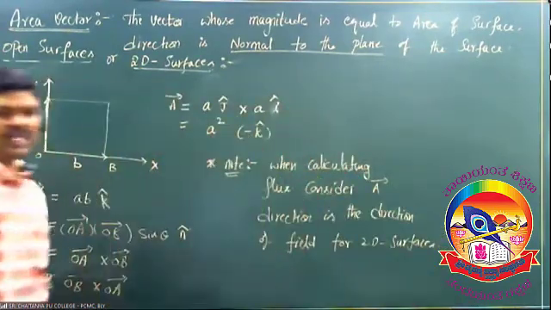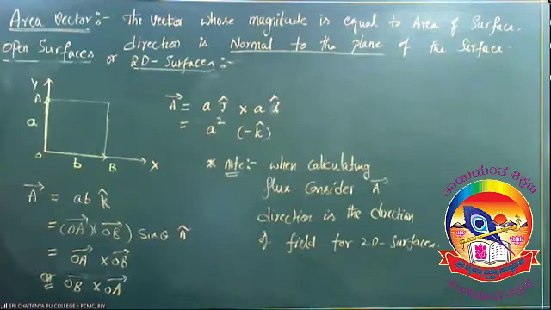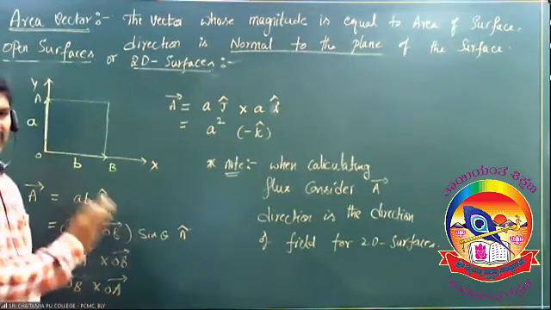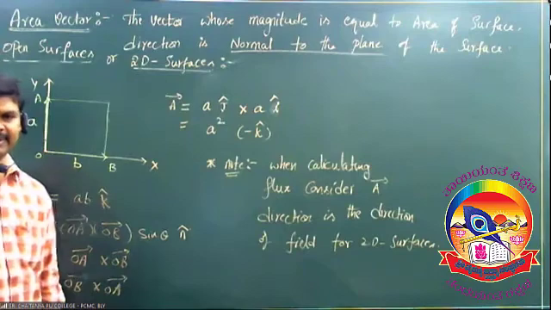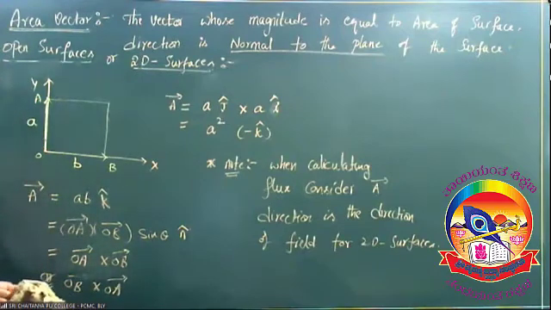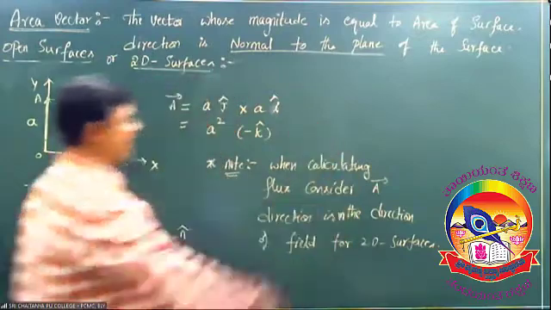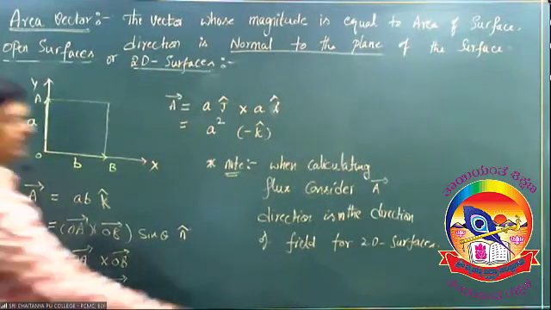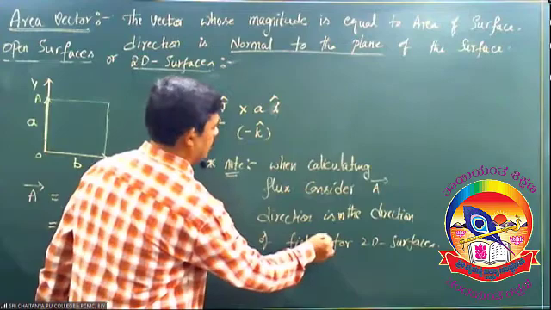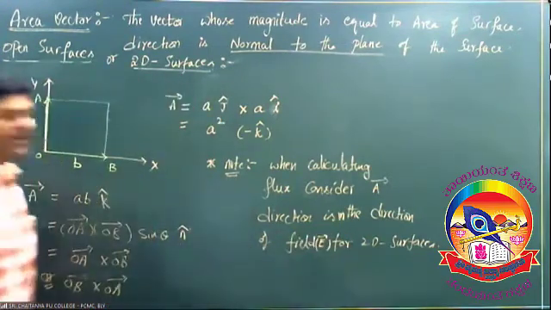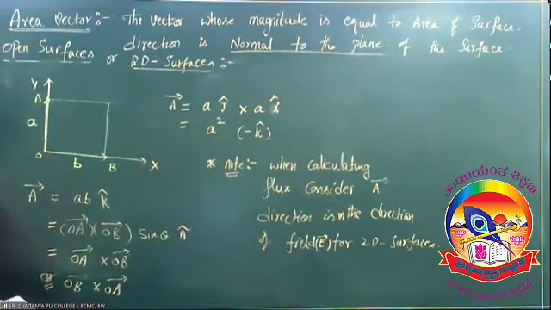For these open surfaces or 2D surfaces, tomorrow whenever we are discussing flux, we will come to understand. The A bar direction is in the direction of the field for 2D surfaces. Tomorrow we discuss it.